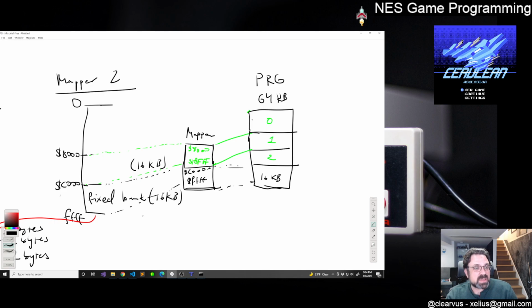I think this is a concept that's a little bit tricky for people because we're dealing with things in a virtual perspective. We're not dealing with actual physical chips and flashing EEPROMs and working with circuit boards.